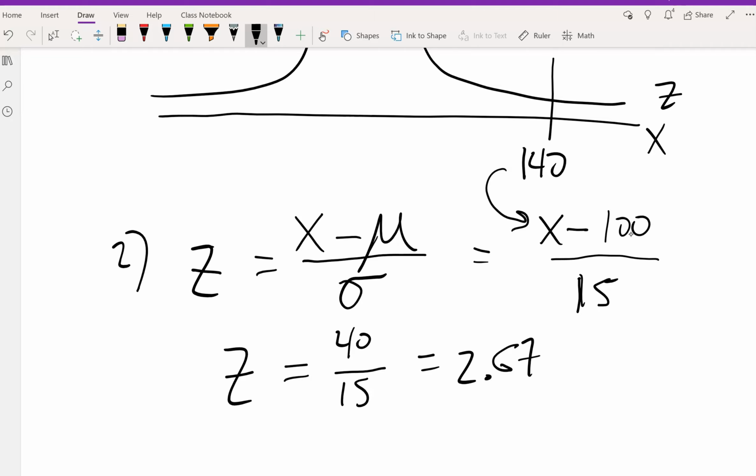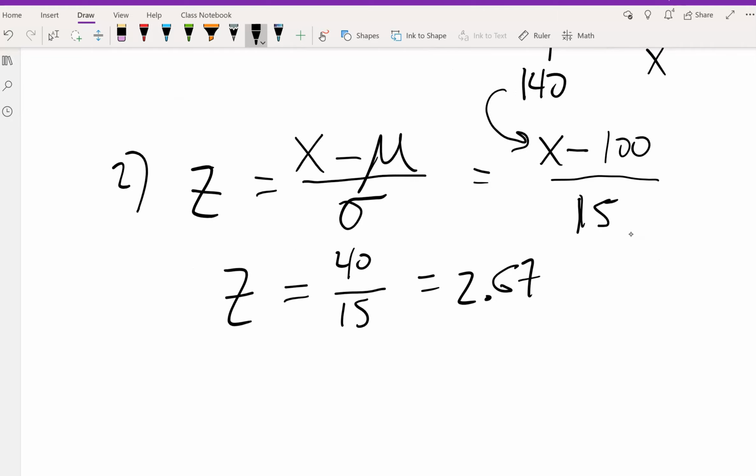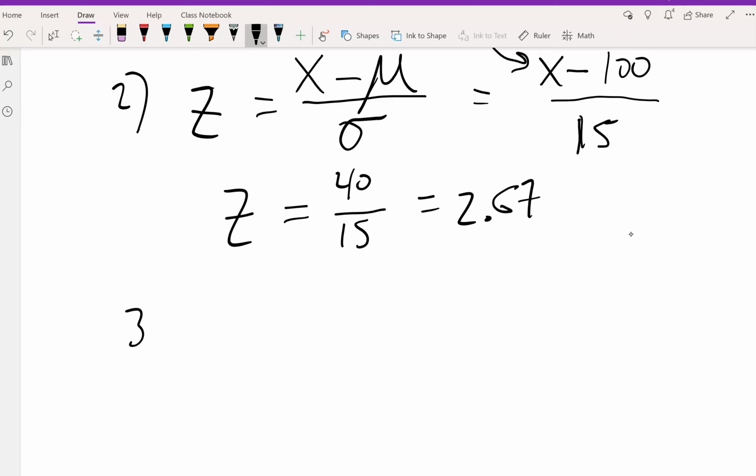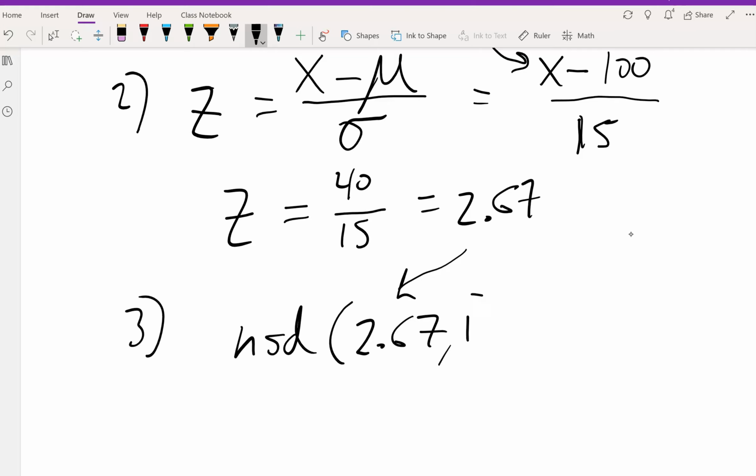We knew it was a number between 2 and 3. Now that I know that number, you could go to the table, but because we have Excel, I could do NORM.S.DIST of this number, comma 1, and see what answer we get.